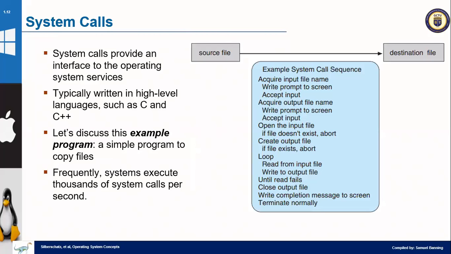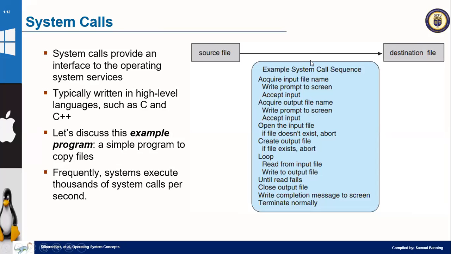Look at this example program here. It is a very simple program to read data from one file and copy it to another file. So there is a source file and there is a destination file.